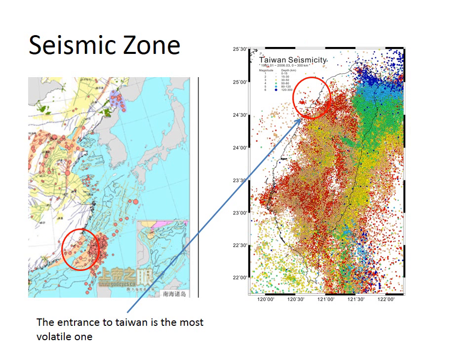And this is showing the seismic zone of the Taiwan area. The left figure is a rough summary of the seismic zone in China. We can see that the seismic zone in Taiwan actually covers almost the entire area of Taiwan. And on the right hand, we can see the earthquakes that ever happened in Taiwan, and we can see nearly every location in Taiwan has had some earthquakes before.